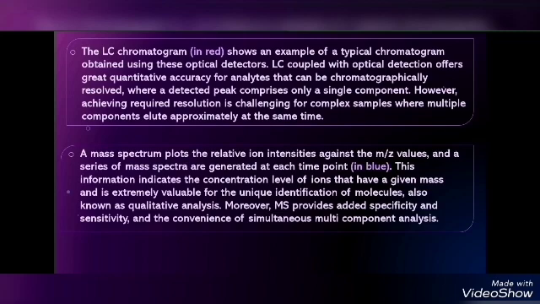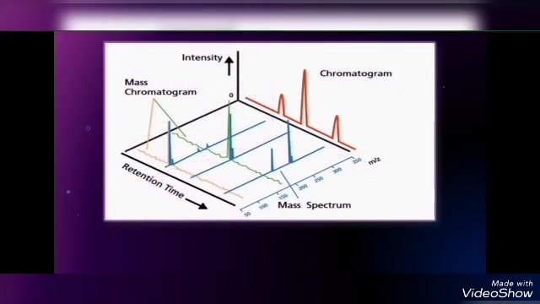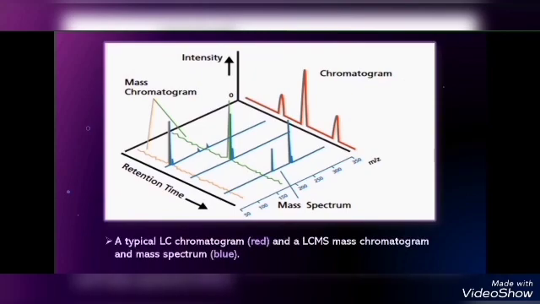Moreover, MS provides added specificity and sensitivity and the convenience of multi-component analysis. A typical LC chromatogram is the red one, and an LC-MS mass chromatogram and mass spectrum the blue one.